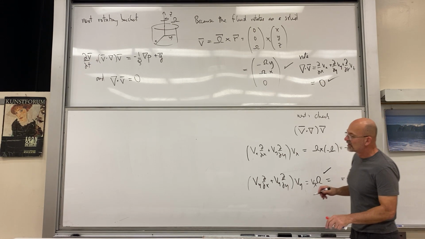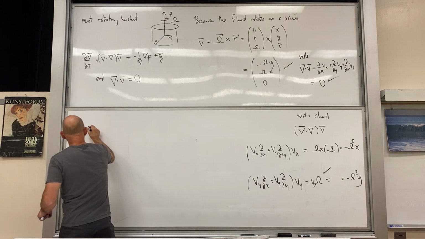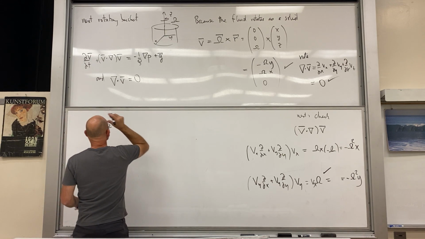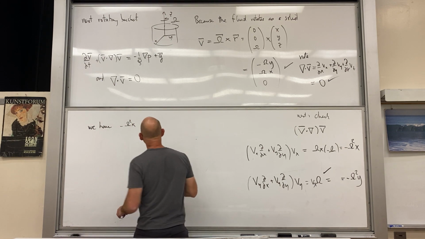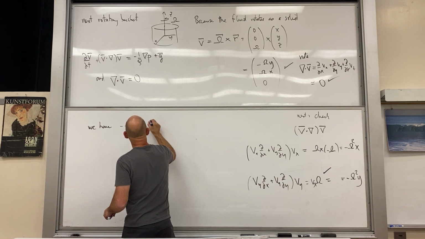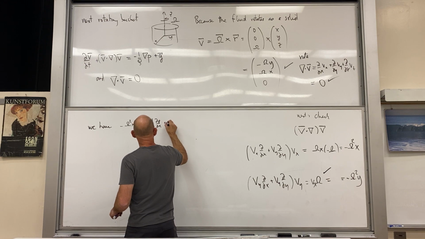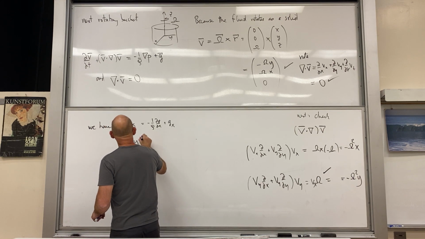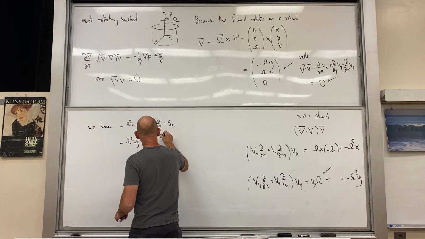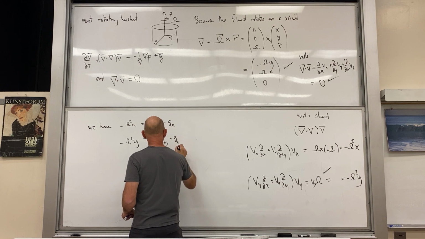Now, we're looking at this equation. So apparently we have minus omega squared x equals minus 1 over rho dp dx plus g sub x, and omega squared y equals the same with dy and g sub y.